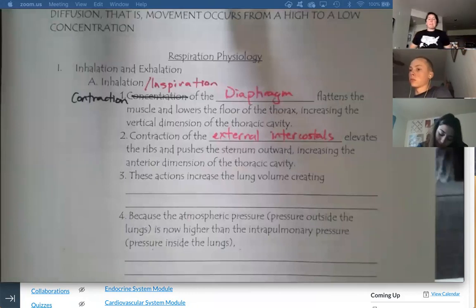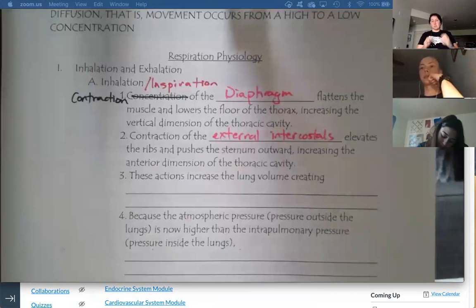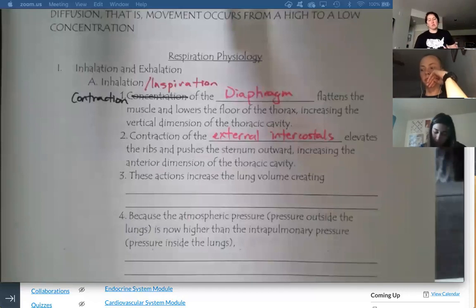Okay, by making the thoracic cavity larger, if you've taken physics, you know that if you have a larger volume, it decreases the pressure. So we are increasing the volume of the thoracic cavity, which allows the lungs to spread out, which decreases the pressure inside the lungs, which is called the intrapulmonary pressure.